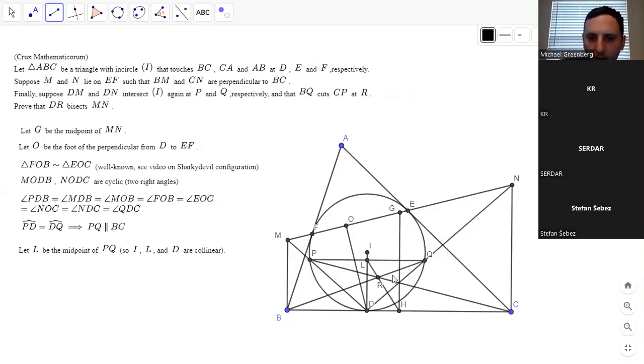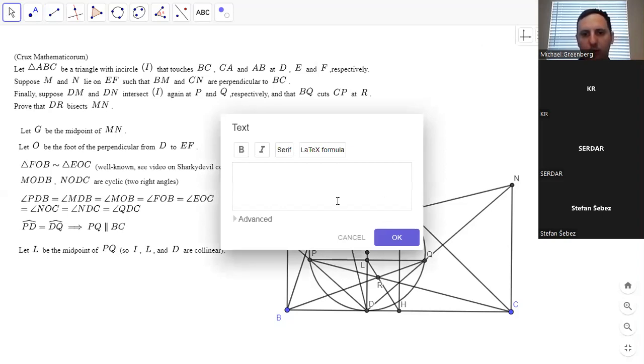Okay, hold on just one second. Now I'm trying to remember. So LR over RH is PQ over BC. So we want to show triangle BGC is similar to PDQ. And so BOGC is cyclic.